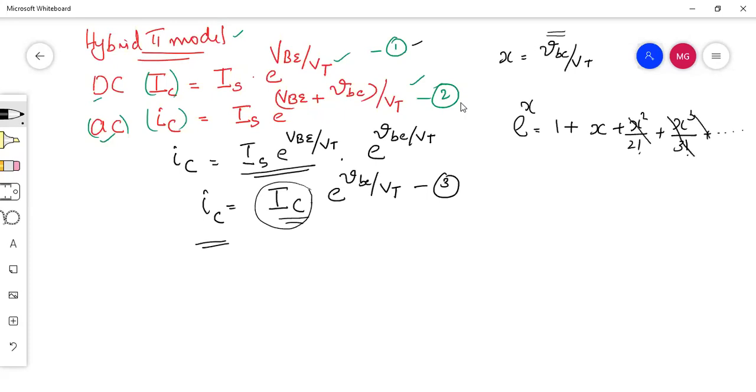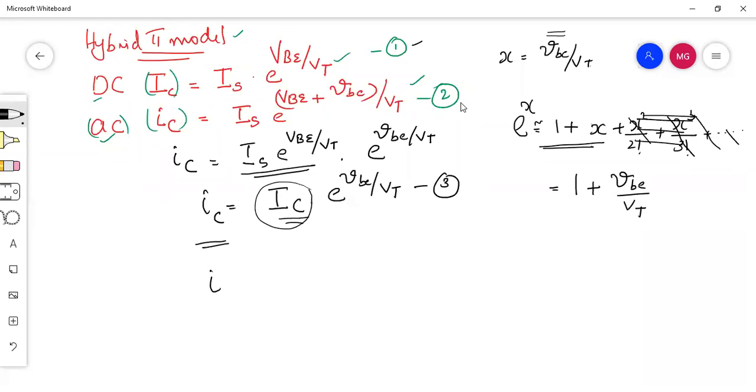So this is small, the higher order terms are insignificant. We can neglect these terms. So I can take it as almost equal to 1 plus x. So what is x? Small VBE by VT. So I can write it as 1 plus small VBE by VT. The e raised to term I can replace.